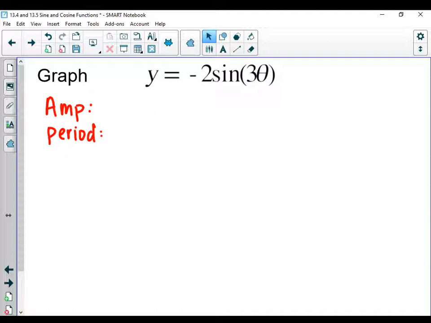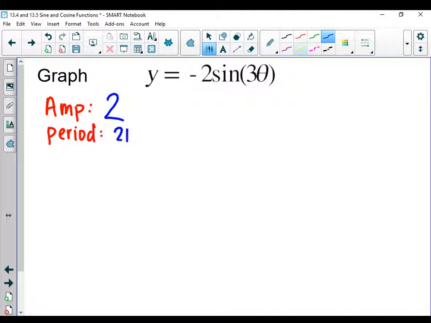Okay, what is my amplitude? Just 2. Remember, absolute value, no negative. The period of the function is 2 pi over b, which in this case is 2 pi over 3.